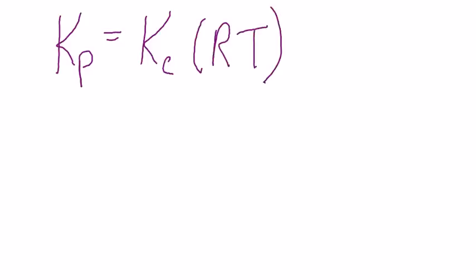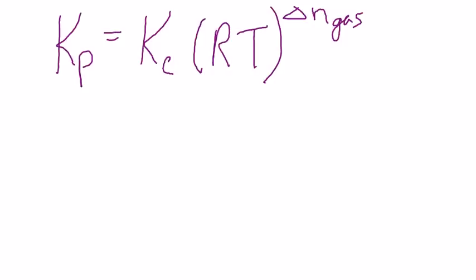Kp and Kc can be interconverted following this formula. You can look in your book for the derivation, but the formula is Kp is equal to Kc, the equilibrium constant in normal molarity concentration units, times RT raised to the change in the number of gas molecules.